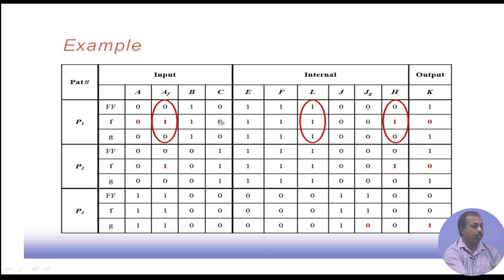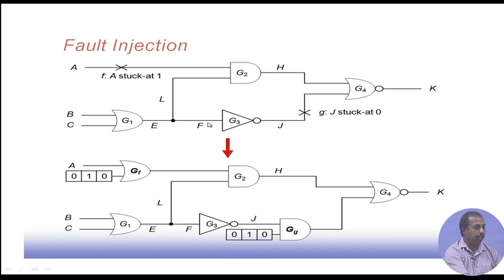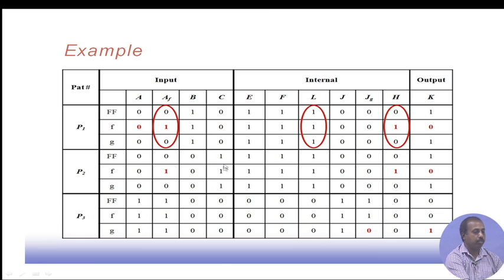Now, when you are computing, say E, say this value, say H, we are doing a bitwise ANDing. So, that way it is getting the internal values.